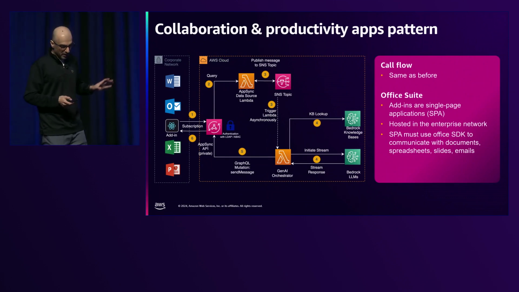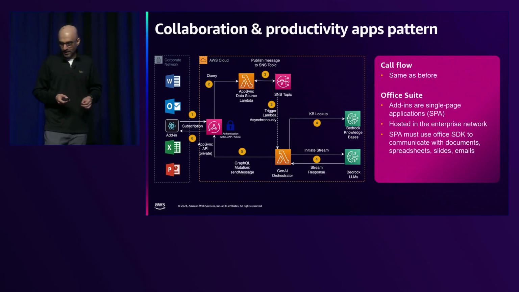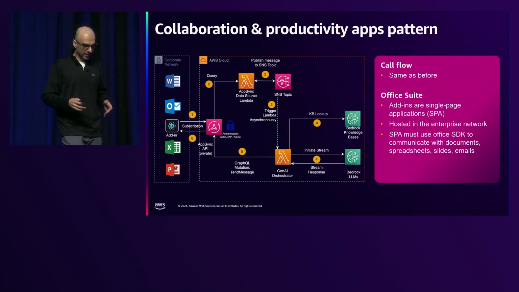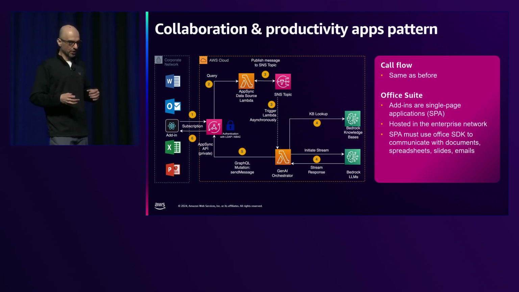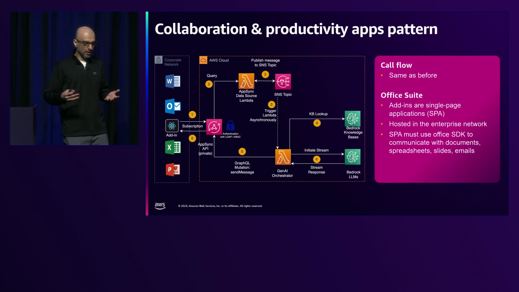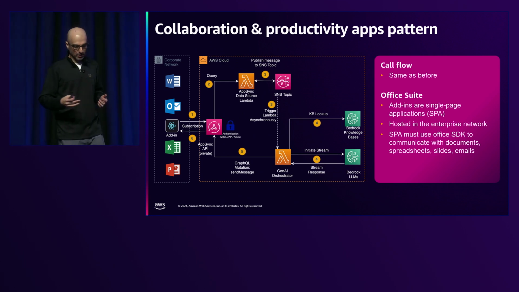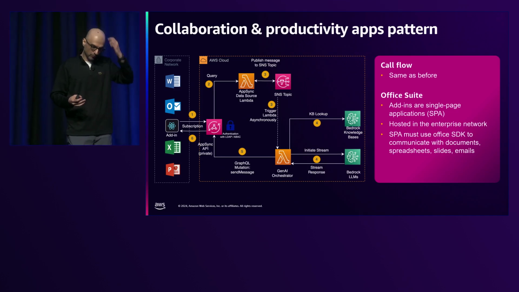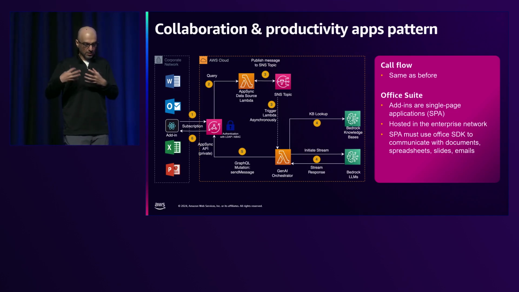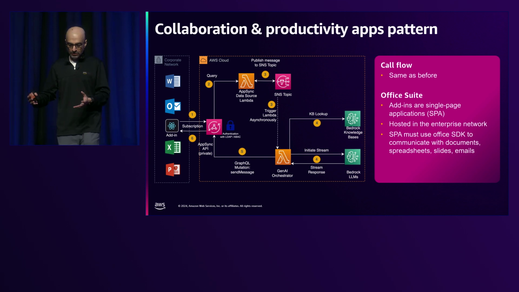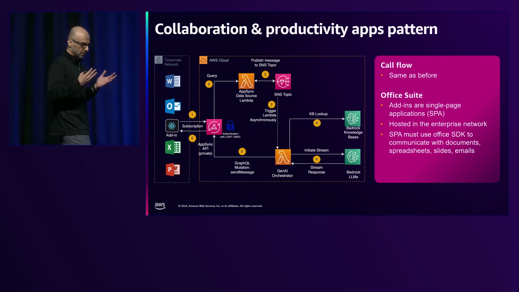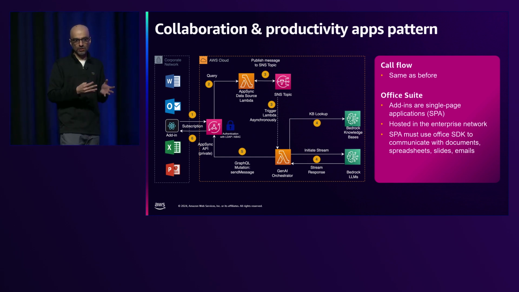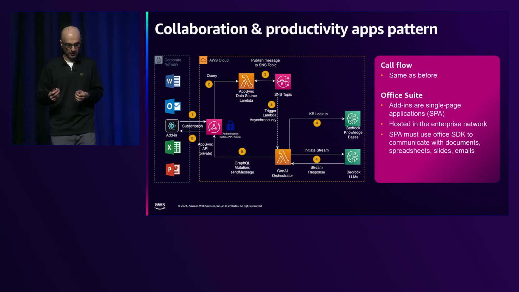So it's the same diagram, a little better this way. And the surprise that I saved for later for this section was that we introduced Microsoft productivity applications into the mix. GraphQL and AppSync is very versatile, in that you can basically inject any kind of front end with AppSync. So the concept here is that our backend infrastructure is the same, our Bedrock model is the same, but where the data is flowing into is the Microsoft productivity applications.